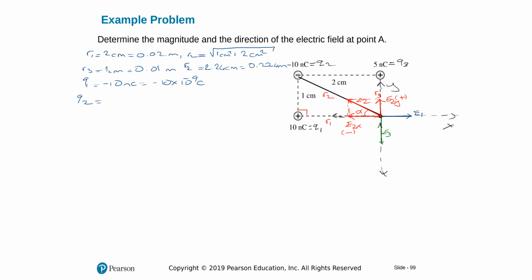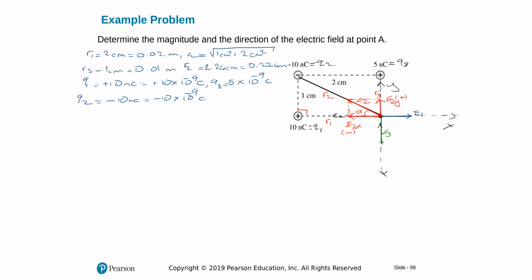Q2 is minus 10 nanocoulomb, that's also minus 10 to the minus 9 coulomb. Remember, we always use SI units, and coulomb is the SI unit. And Q3 is 5 times 10 to the minus 9 coulomb.